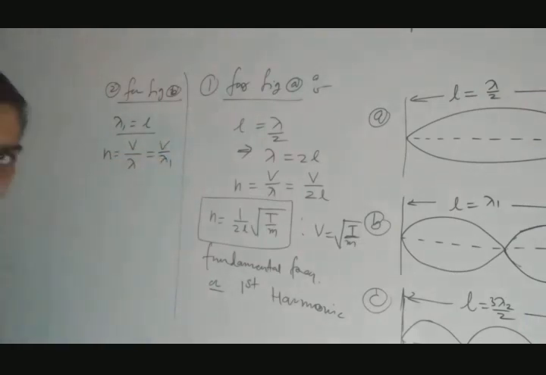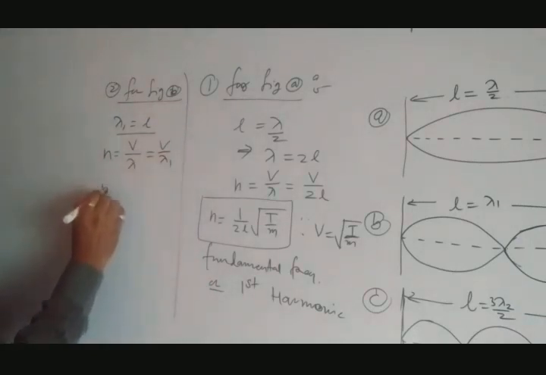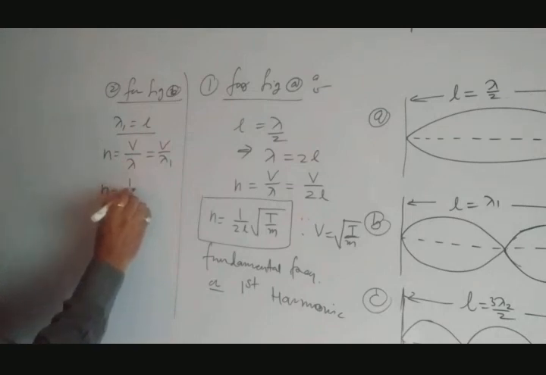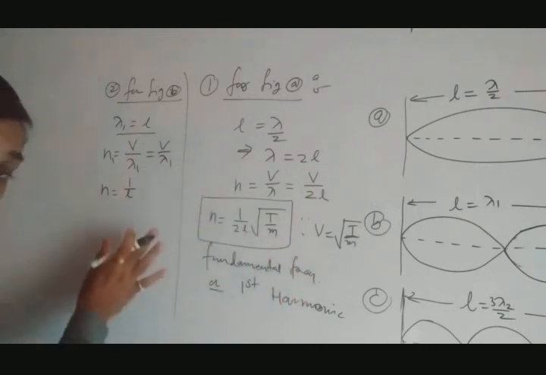Put the value of lambda 1. Okay. Then put the value of v. So you can write n equals 1 divided by, the value of lambda 1 is nothing but L. Just make a correction. This is basic frequency, first higher frequency.